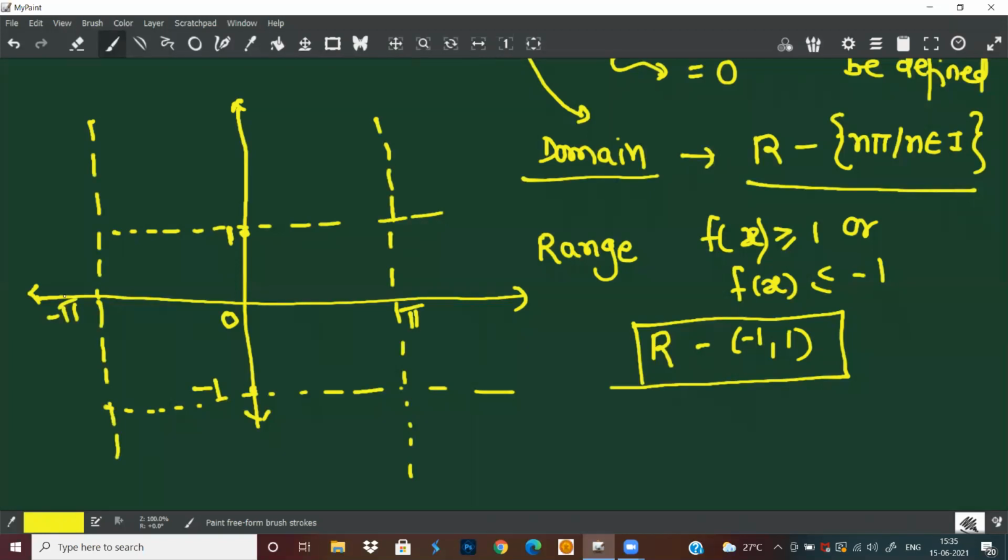So 0 to pi में ये बीच में आएगा pi by 2. और ये बीच में आएगा -pi by 2.